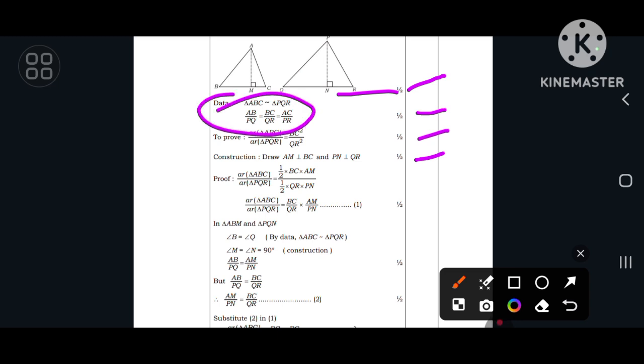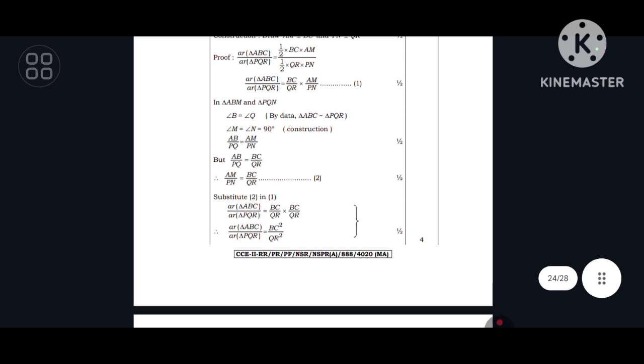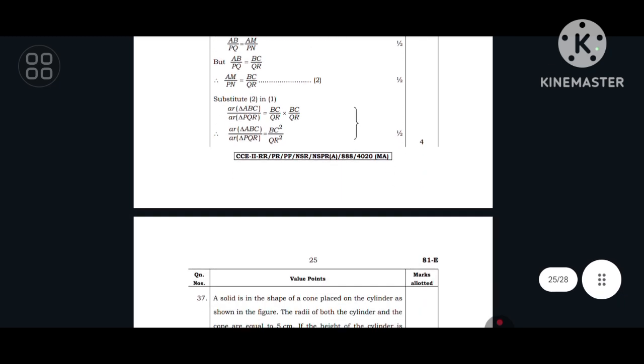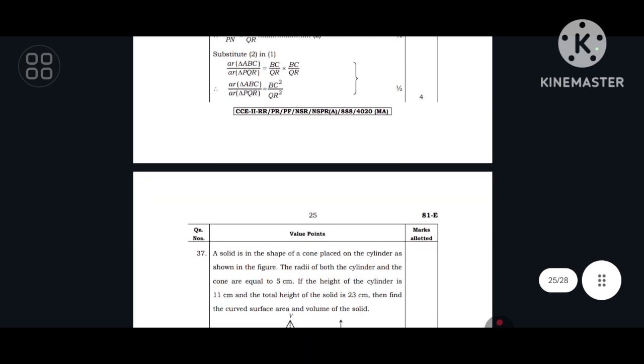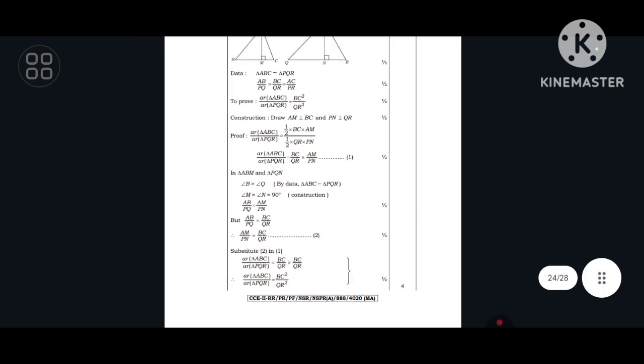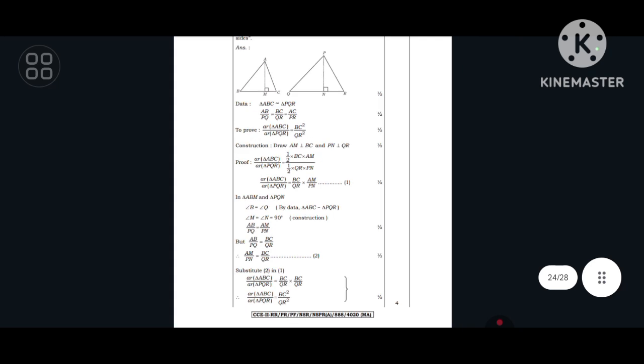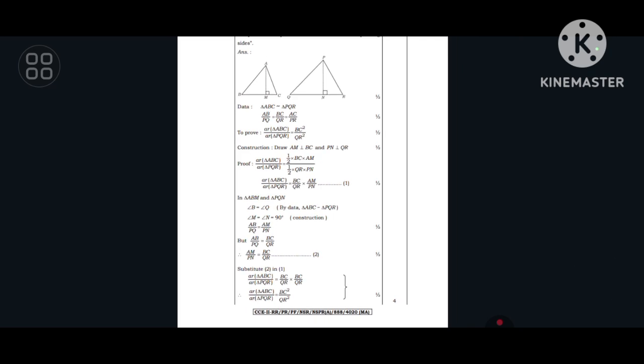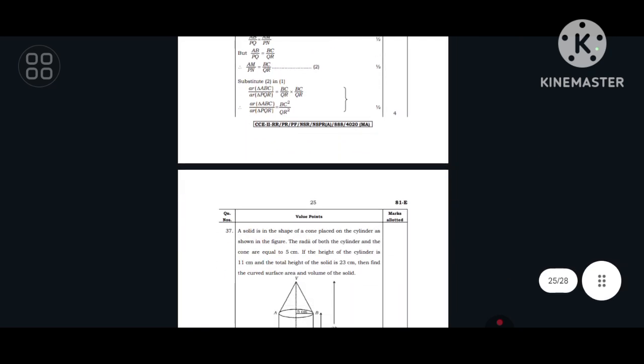Do preparation for theorems from this video, or if you want, refer to other YouTube videos, or if you don't mind, you could write from the textbook what they have provided. If you write directly from the textbook, you will get the marks directly. And if you refer to this video and this question paper they have solved here, you will also get 4 out of 4 marks from the theorem, I will provide the guarantee.